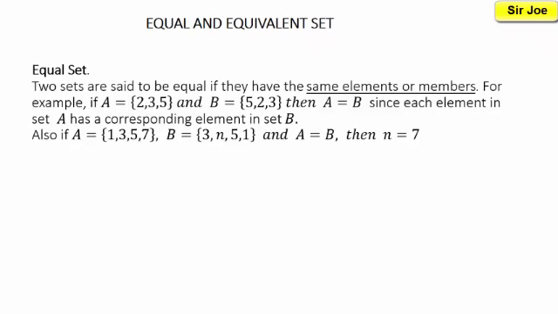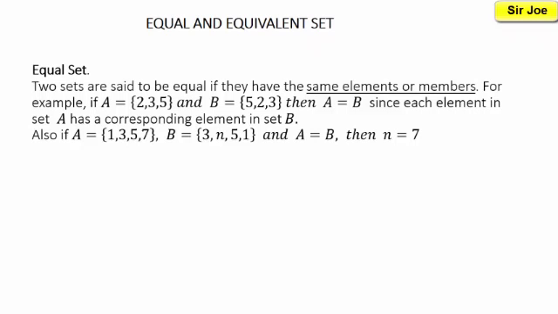If you check A and you check B, you see that the elements are the same. There is 2 in A, there is 2 in B; 3 in A, 3 in B; 5 in A, 5 in B. So that makes it an equal set.